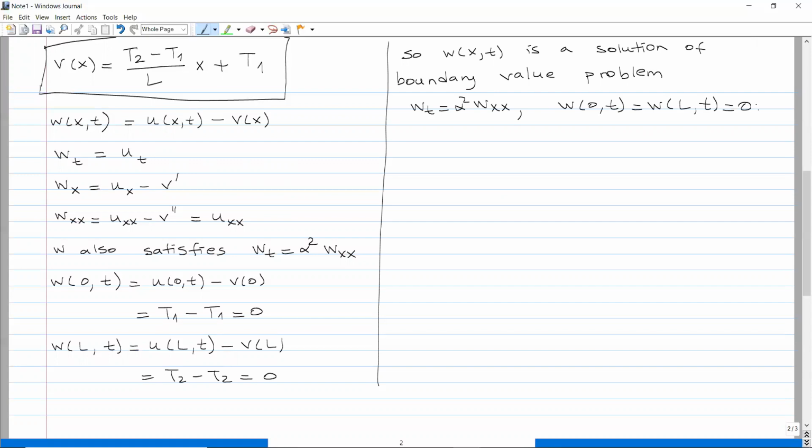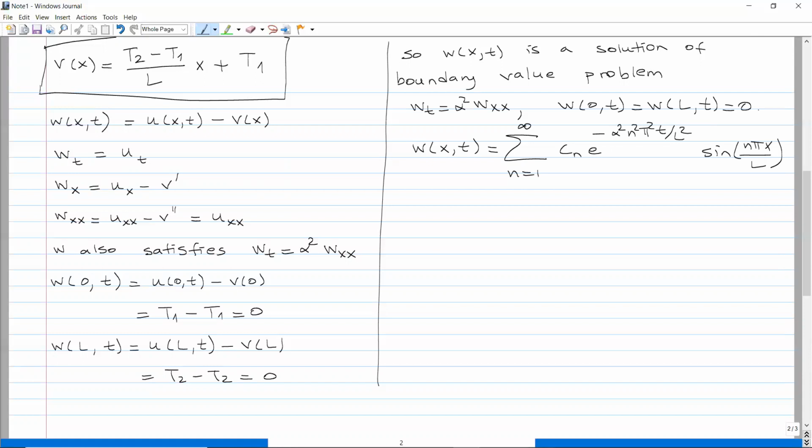But that's the problem we considered in the previous lecture. So we know that the solution is given as this infinite series, the sum of C_n e to the minus alpha squared n squared pi squared t over L squared, sine of n pi x over L.